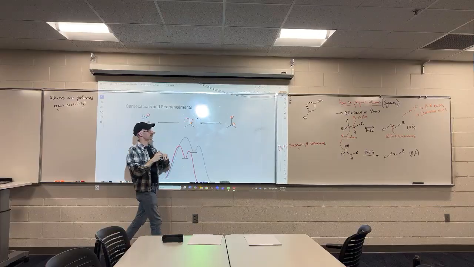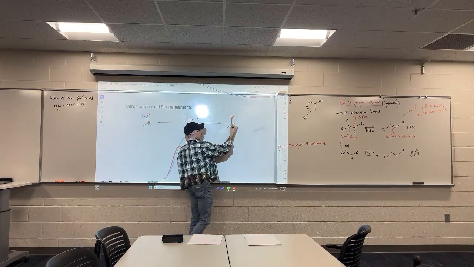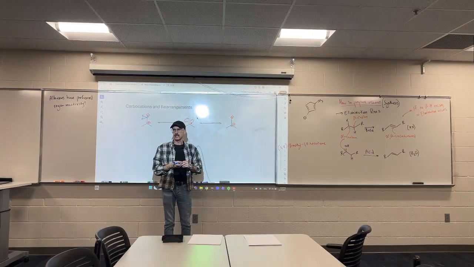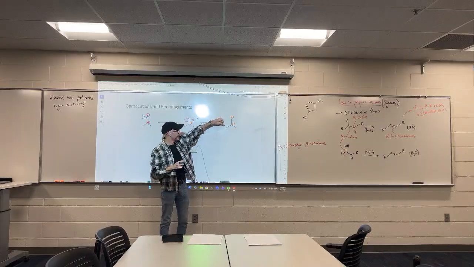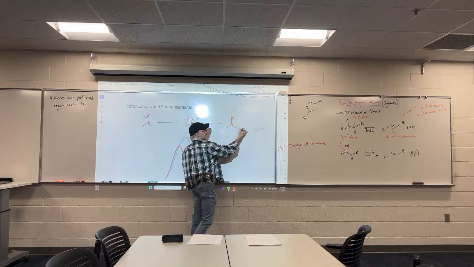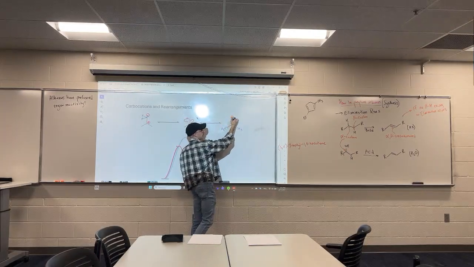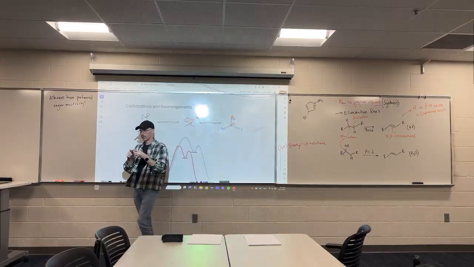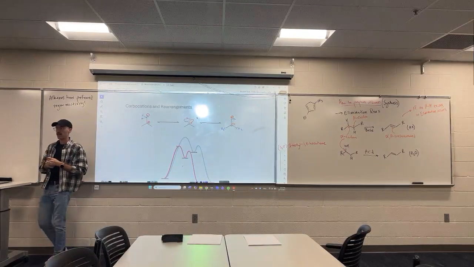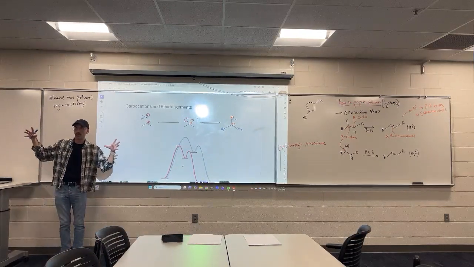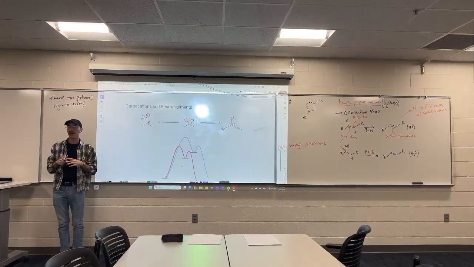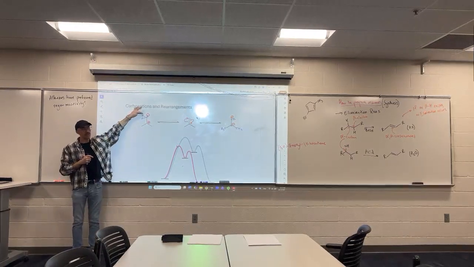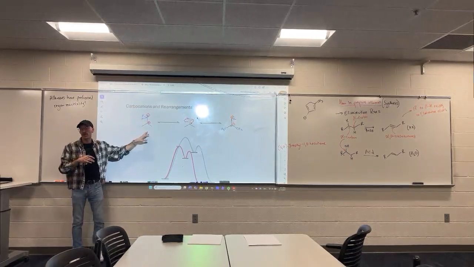Let's consider the other structure. I've got a lone pair, and then I've got these 3 big carbon groups, CH3, CH3, CH2. There's a lot of electron density sitting around that lone pair. This lone pair has to push away a hydrogen, another hydrogen, and an alkyl group.